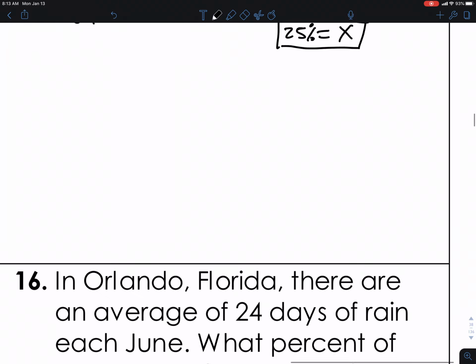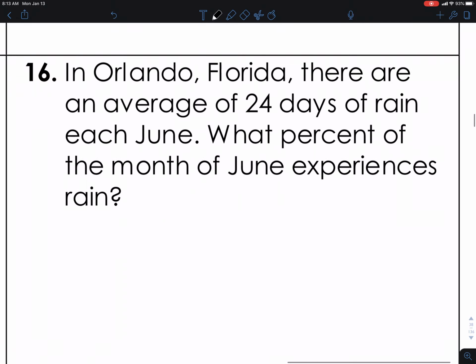Let's look at number 16. In Orlando, Florida, there are an average of 24 days of rain each June. What percent of the month of June experiences rain? Well, that's going to be an interesting one because, first of all, let's just set it up. They're always going to set it up that way. We're looking for what percent, okay?